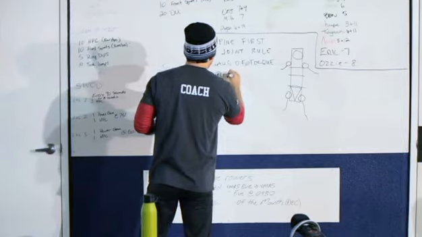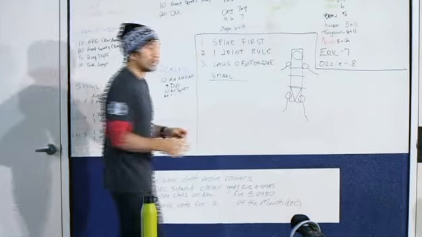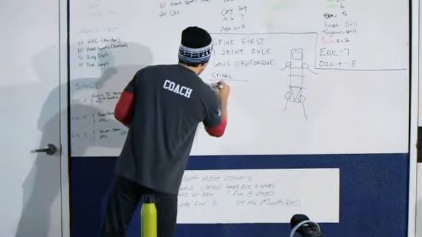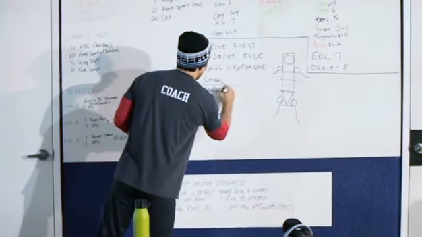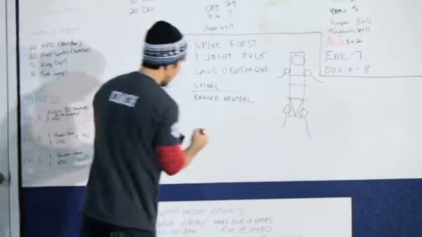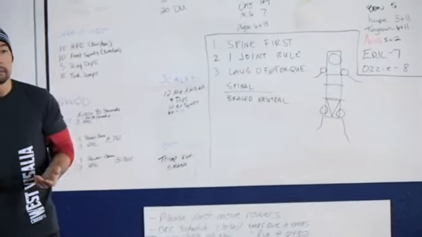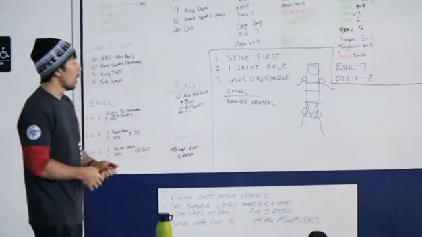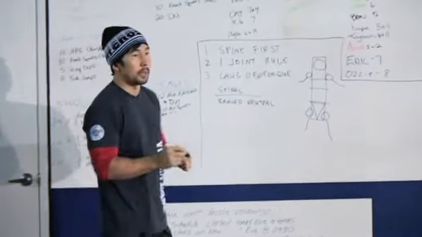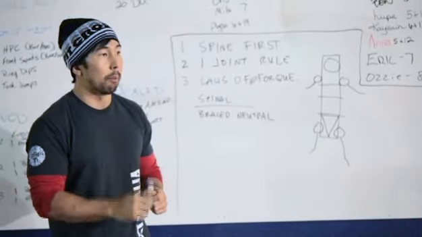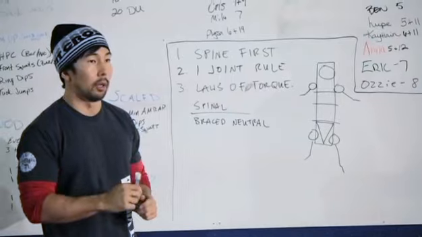So the spinal archetype, there are 4 basic positions that your spine can be in. Okay, the first one is brace neutral. This is what you're going to be doing all the time, pretty much. So when you sit, when you stand, when you just do anything in life, you're in brace neutral. It is also the only position in which you can safely support high axial loads. Okay?